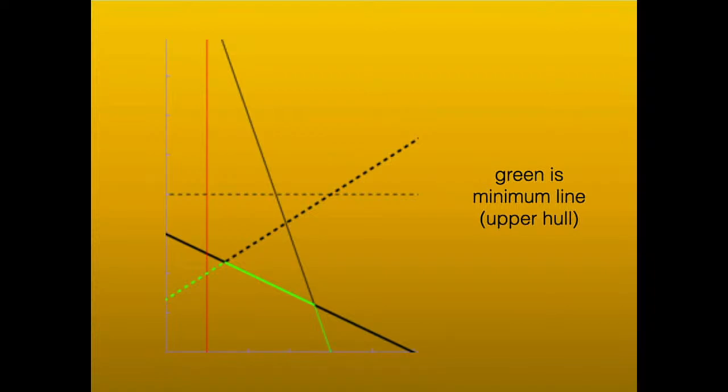If you query here, the answer is this one. If you query here, the answer is this line, and so on. This line is only minimum from this x to this x, and it's a contiguous interval. And x may be negative as well, so this can be unbounded: all the way to x equals negative infinity, this is still the minimum line. So that's the idea.